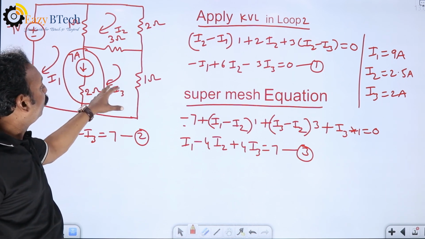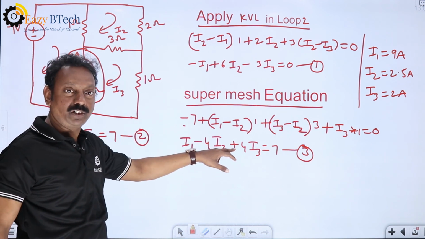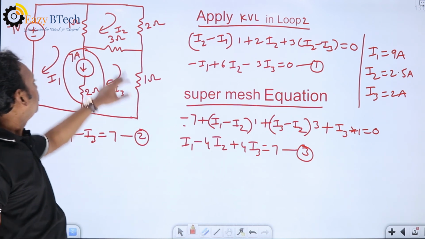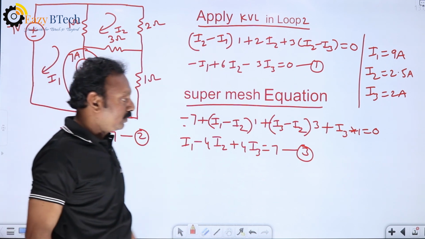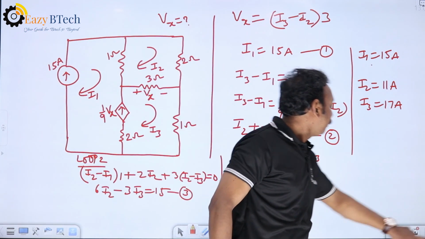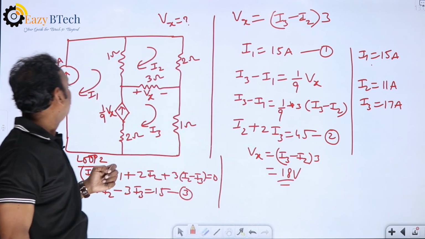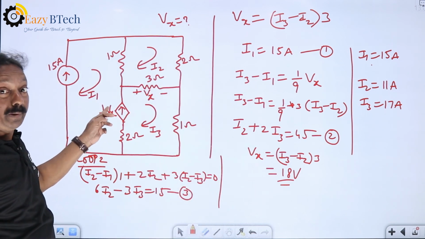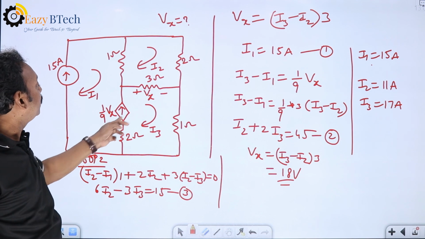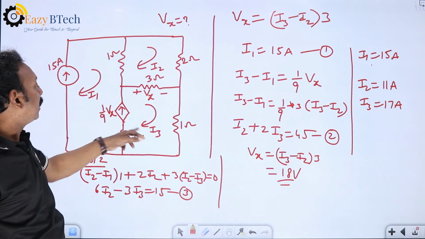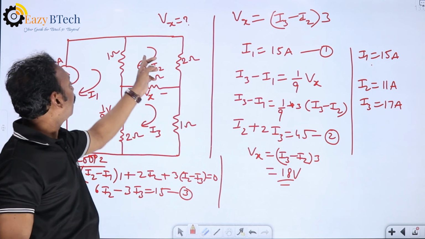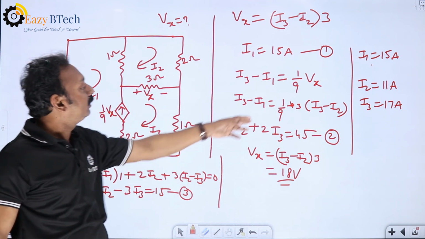Second, these two loop equations written together give the super mesh equation. For the second loop, just normal KVL. Solve the equations. Third problem: here also there is a current source, a dependent current source. First convert the controlling variable in terms of the loop currents and write down the equations: the common term and normal KVL in the loop. You will get the answers.